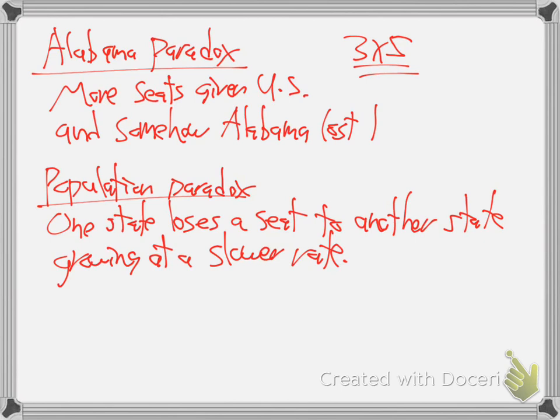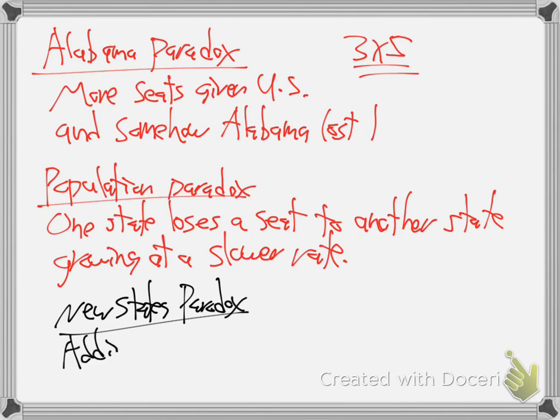Finally, there's a third bad one, the new states paradox. This is the third and the last. Then one other kind of thing is a little different. Adding a new state with its fair share. You know how new states were joining the Union back when the United States was getting formed?